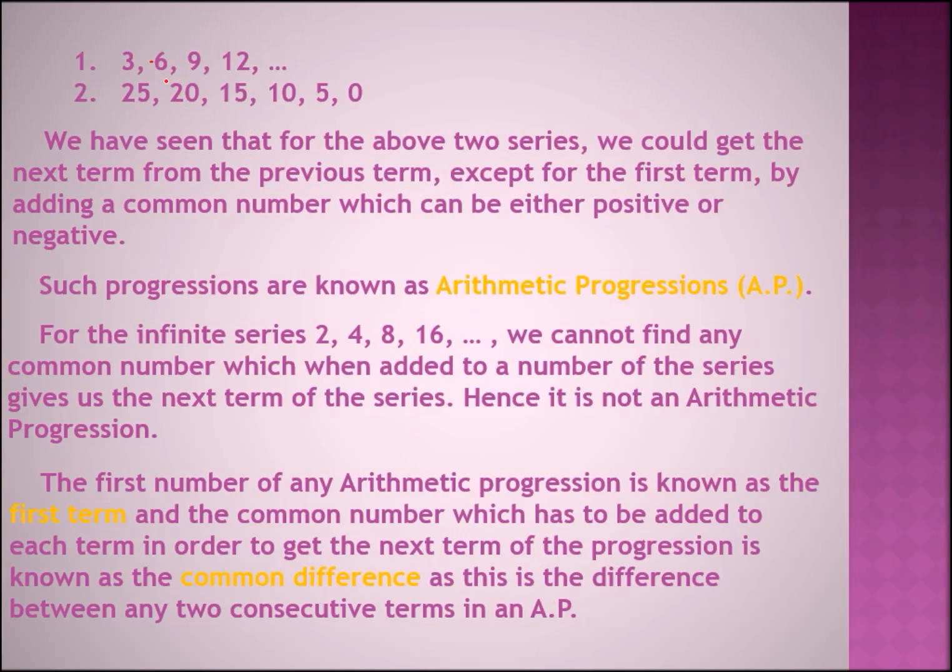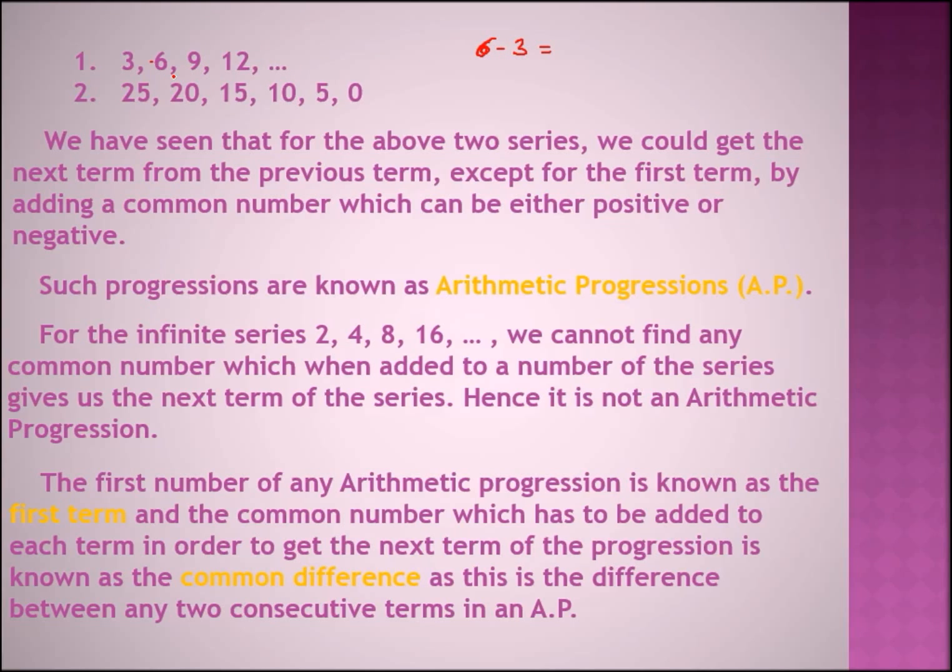Now, difference is always taken as the next term minus the previous term. So it will be 6 minus 3. We will be taking second term minus the first term. You see, every time there will be the same difference. 6 minus 3 is 3.